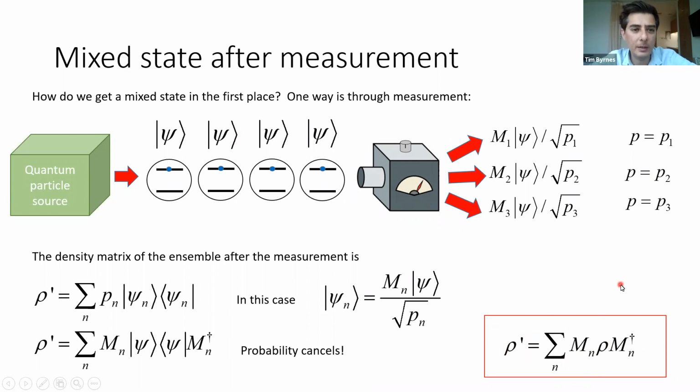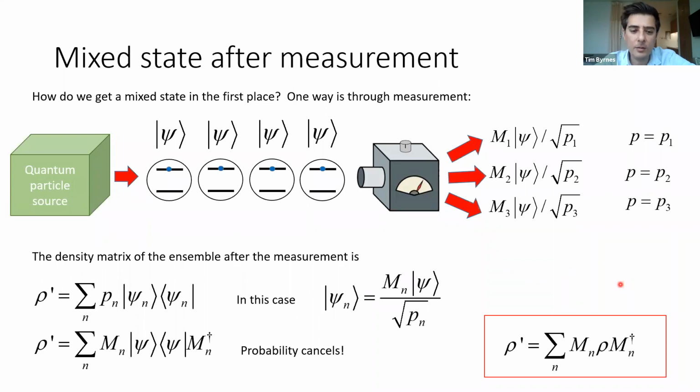That's basically where we got up to last time, and I think we did an example of that at the end for a qubit. Any questions on this slide or anything up to this point? No.